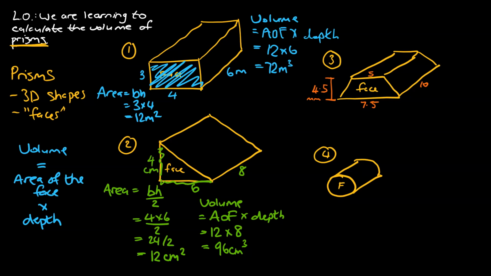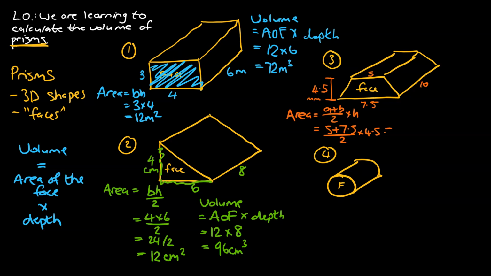So hopefully you recall, first step, let's find the area of the face, and then we'll multiply that by the depth. So the area of a trapezium is A plus B divided by 2 times height. And in this case, that's going to be 5 plus 7.5 divided by 2 times 4.5.